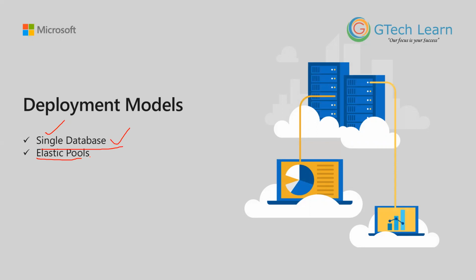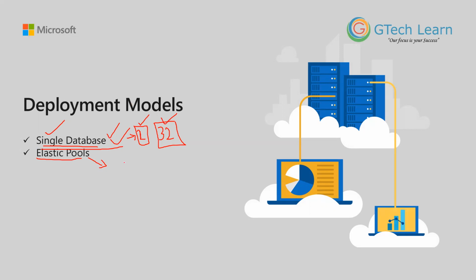For example, say you are deploying a database using the single database scenario, and inside that single database you are going to use approximately 2 virtual core CPUs and 32 gig of RAM. Based on that, that much infrastructure is going to be used only for your single database that we have created. But when it comes to the elastic pool, in that scenario it is going to use the same infrastructure for all the databases available.